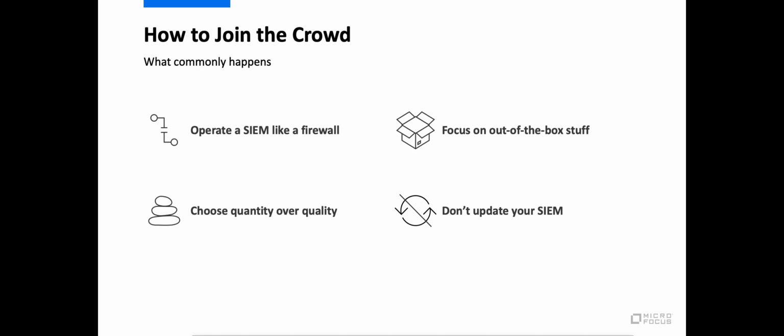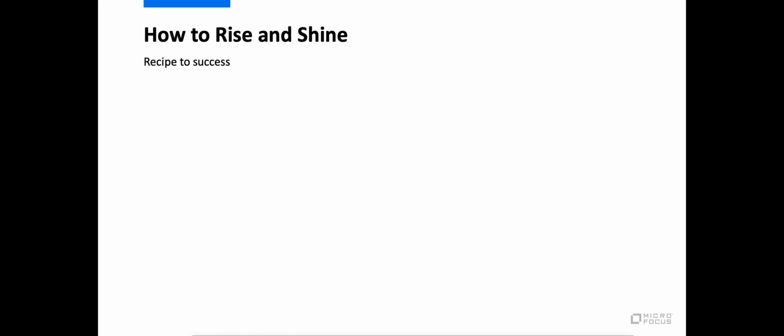To move away from these challenges and to make the solution rise and shine, there's this very simple recipe for success. And it all starts with communication, discussing the challenges that the current system is facing, whether with the people who are using it and operating it, or with the different stakeholders that are expecting to get value from the current system and the solution that you have in place.